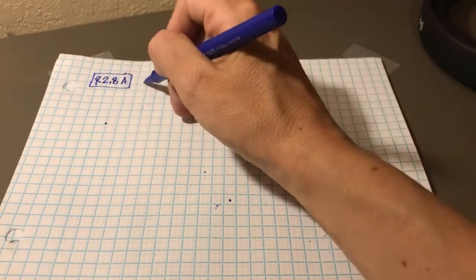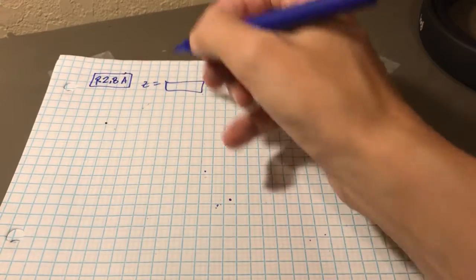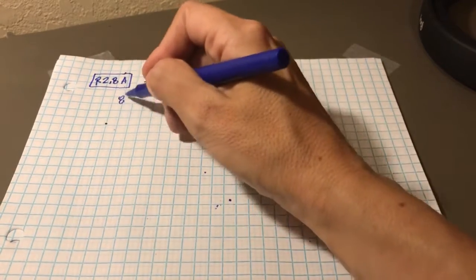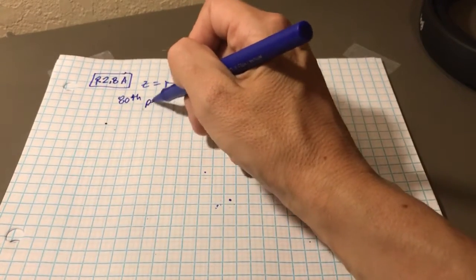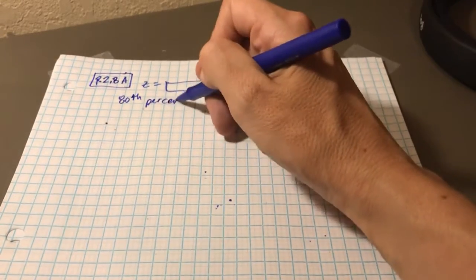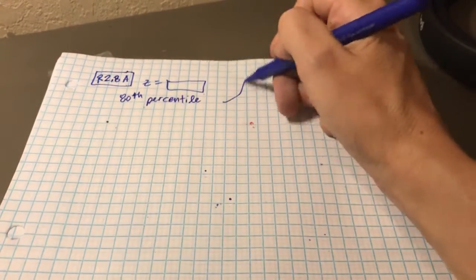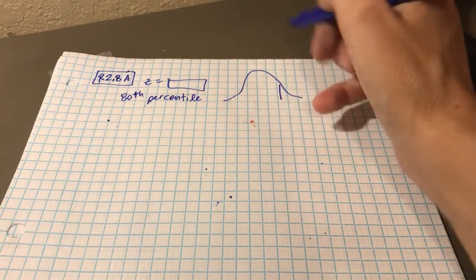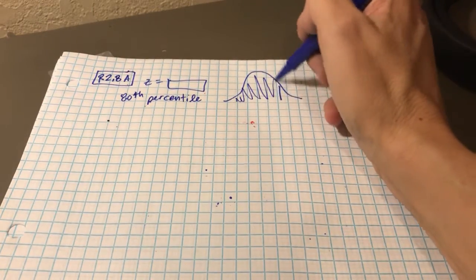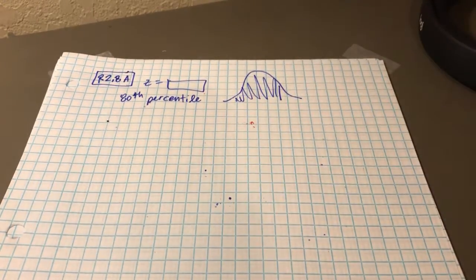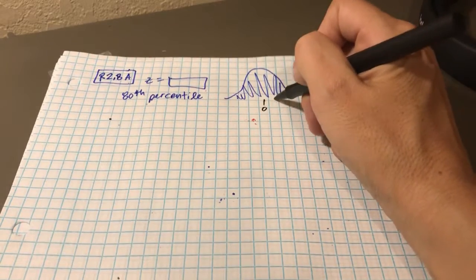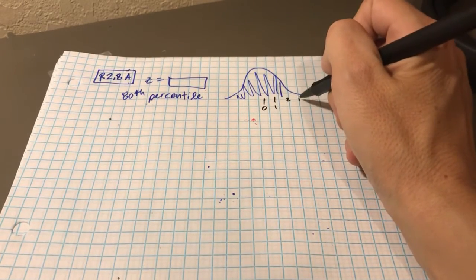So it wants us to find the z-score. So that's our final answer in the 80th percentile. So we need to know what percentile means. Well, of course I'm going to draw a picture. That means that if this was maybe a math test or scores, that this is 0, 1, 2, 3.